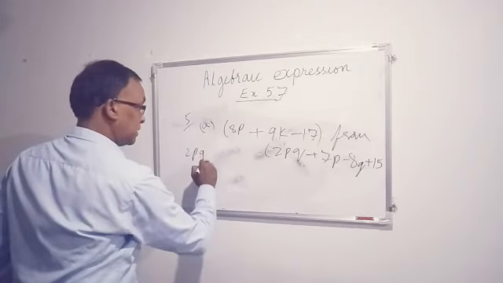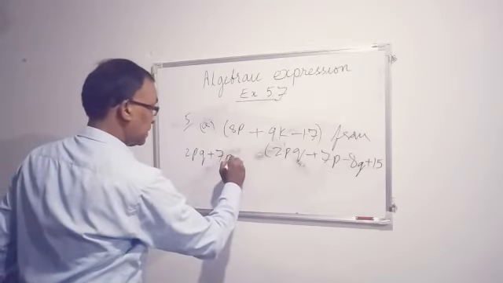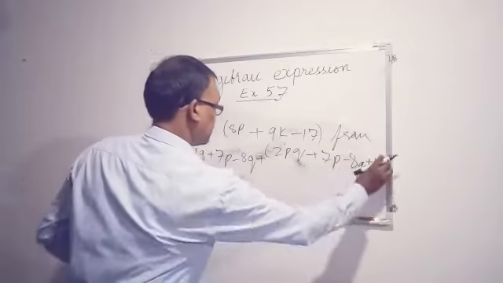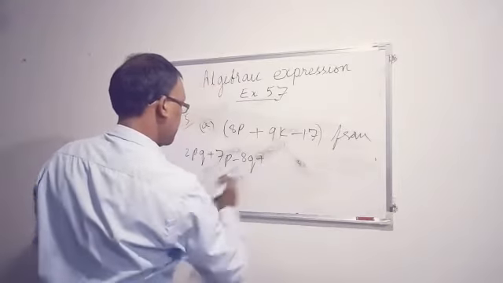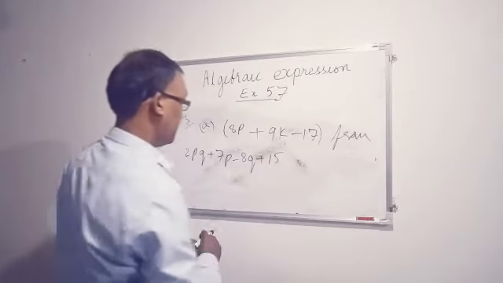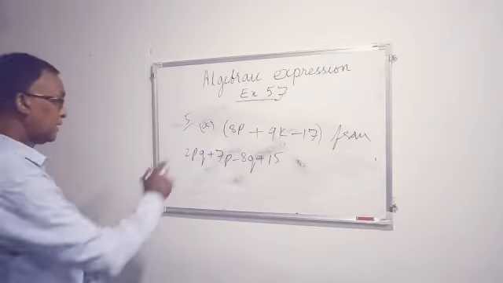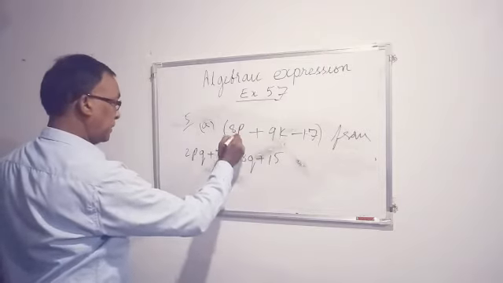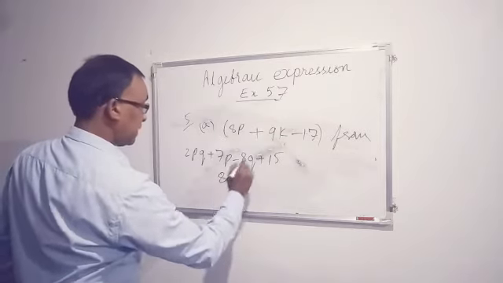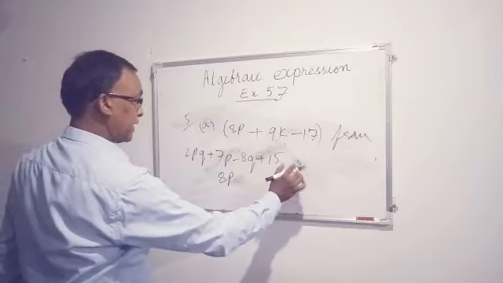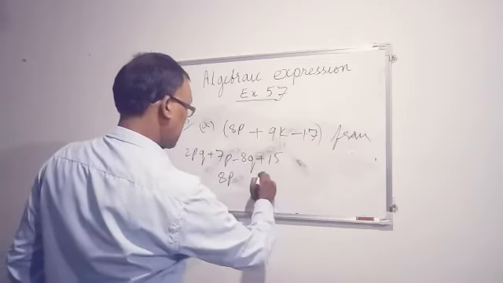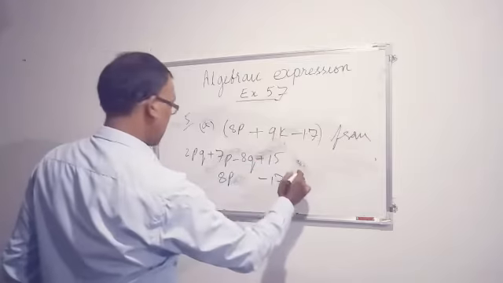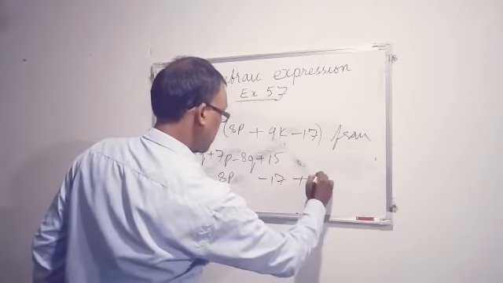Twice pq plus 7p minus 8q plus 15. Clear? Then next, if I see any pq here, no pq. Any p, yes, 8p. Then k there is no k here. Then 17 is there, minus 17. And one more term, that is k, plus 9k.